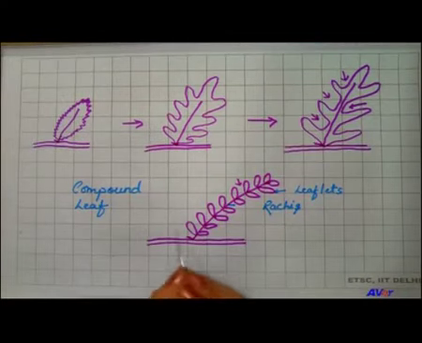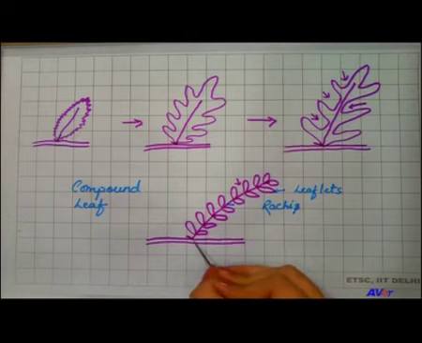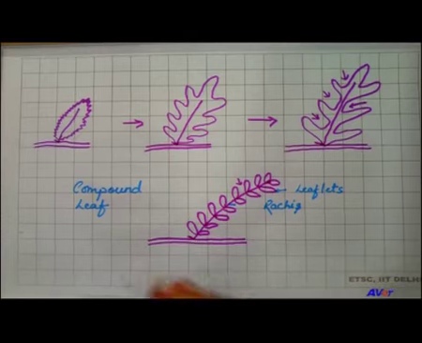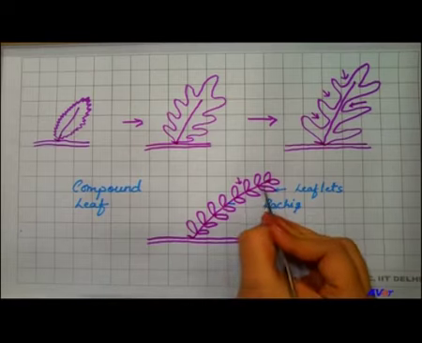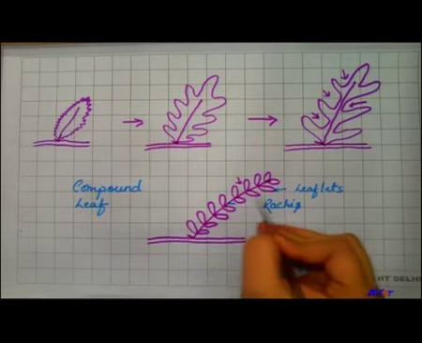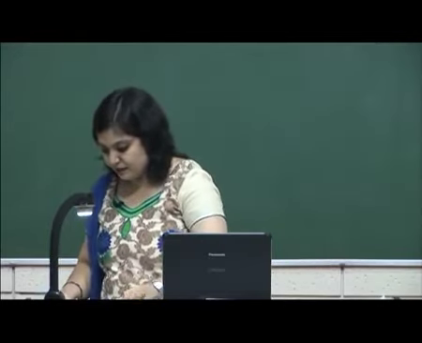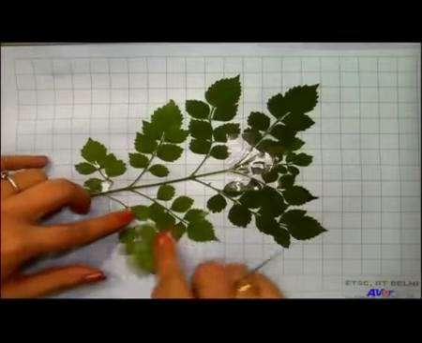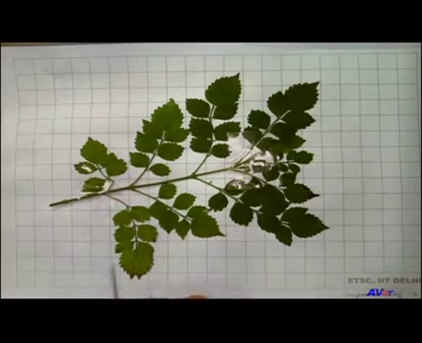We see that the axillary bud is present between the attachment of petiole to the stem. If the axillary bud is present here, then this whole structure is a compound leaf. We have seen that axillary buds are not present here. So, this makes them the leaflets. I have got a specimen for you. Now, you will have to tell me whether this specimen is of compound leaf or these leaves are simple leaves.